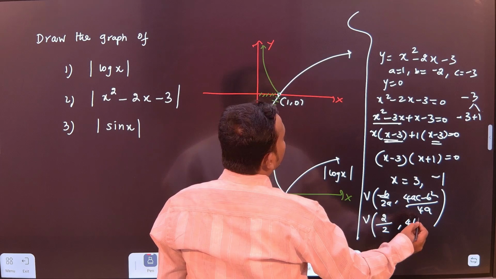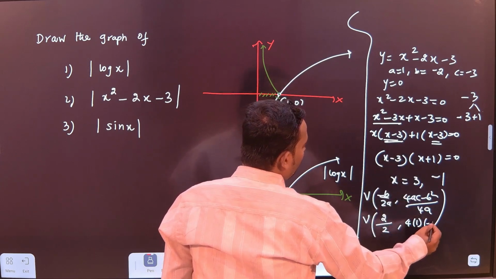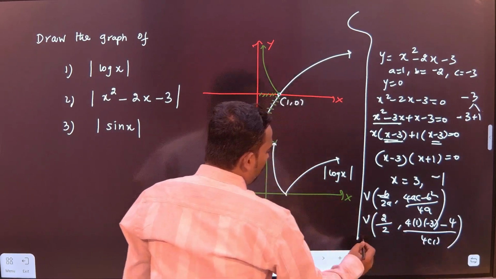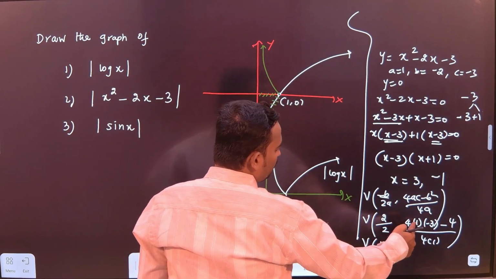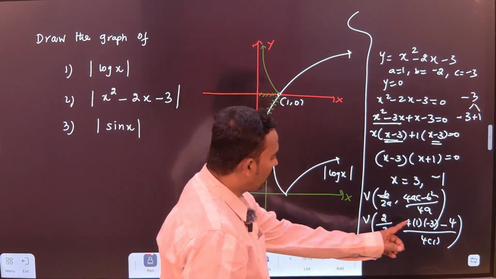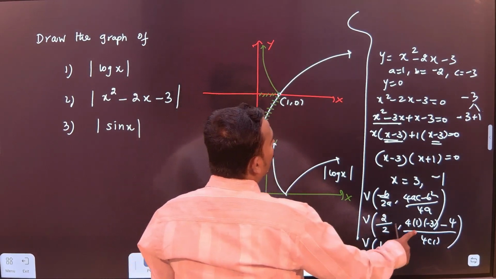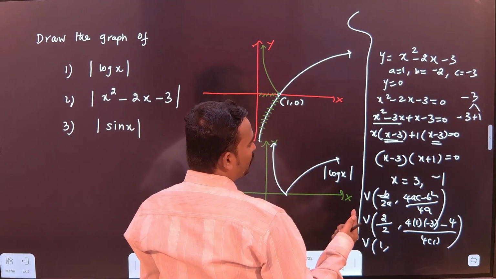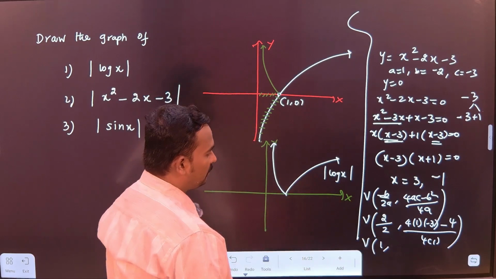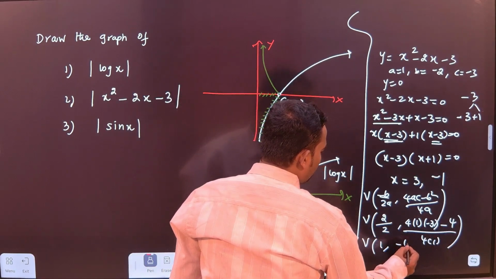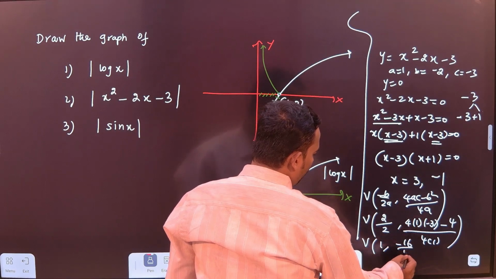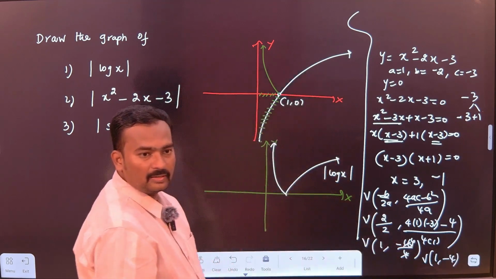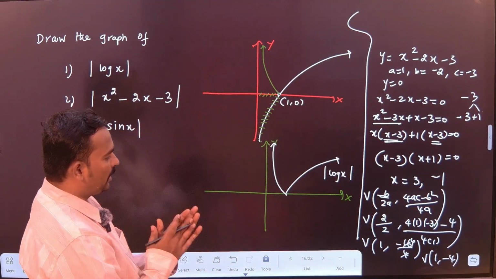Then 4ac minus b square is minus 12 minus 4, that is minus 16, divided by 4, that is minus 4. So the vertex is (1, minus 4). Clear? The vertex is (1, minus 4).